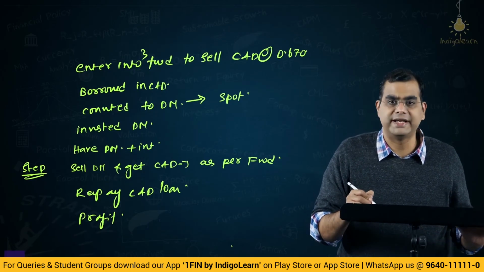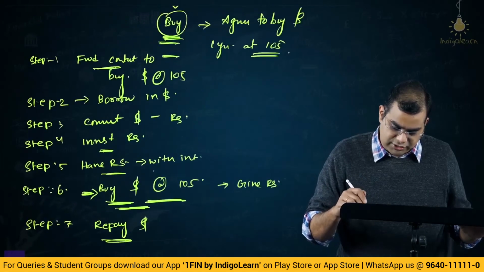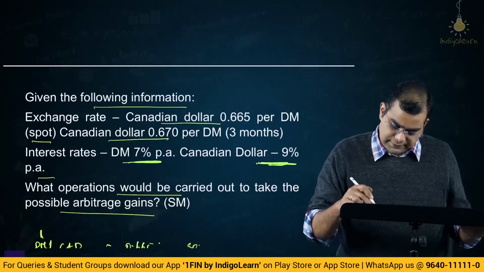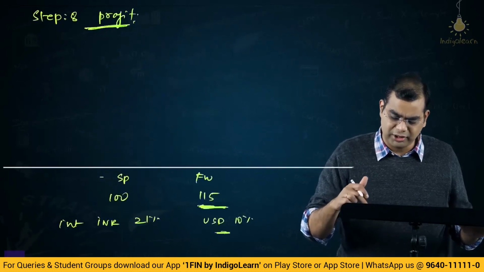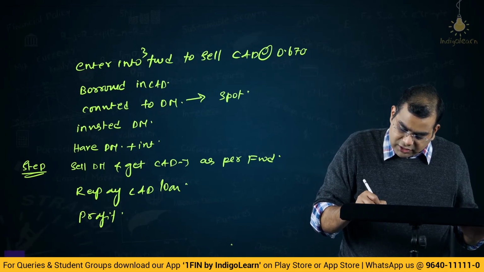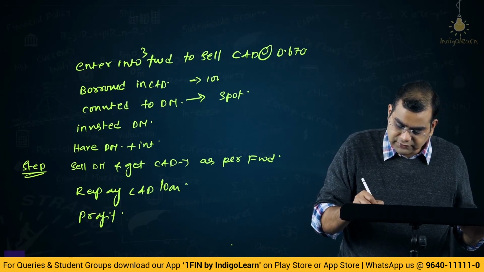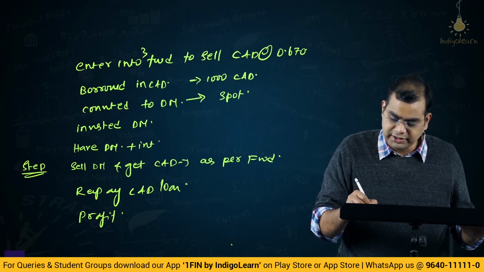So, you borrow in CAD. How much? Have they made any mention of the amount that you are supposed to use? Nothing. So, we can take a round number. So, borrow in CAD, you take $1,000. Borrow CAD 1000. Convert at spot into DM.